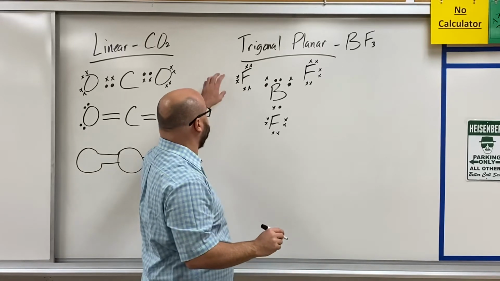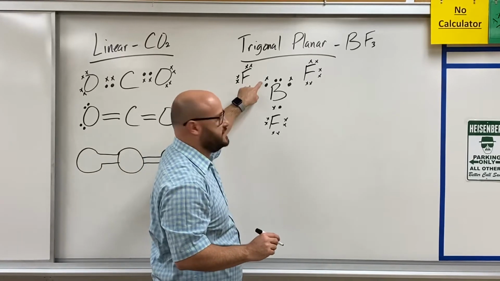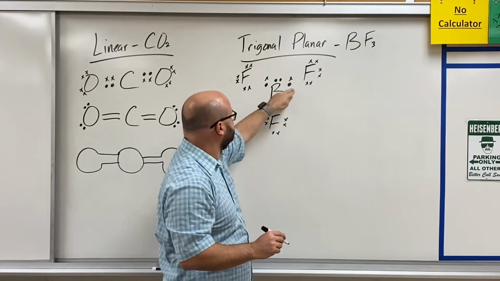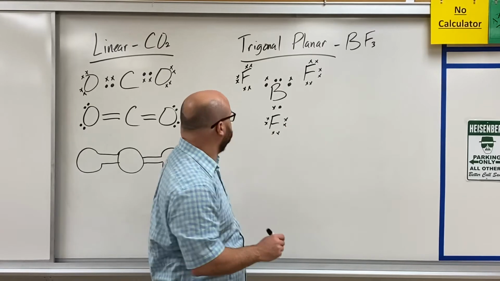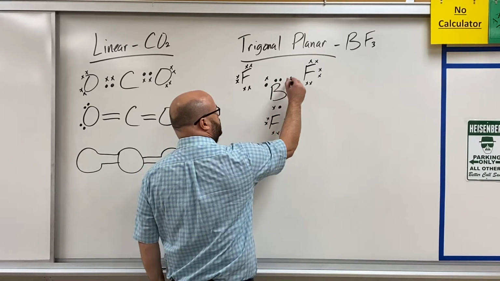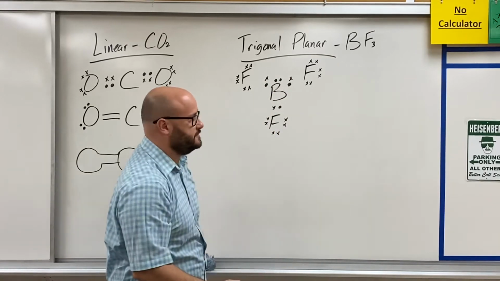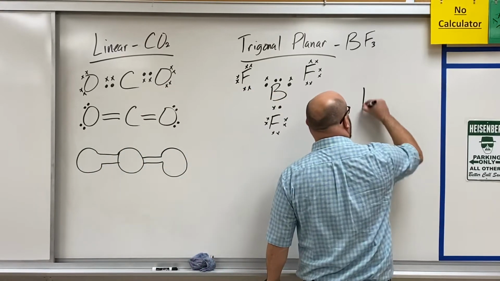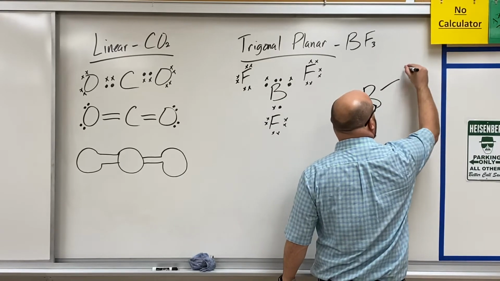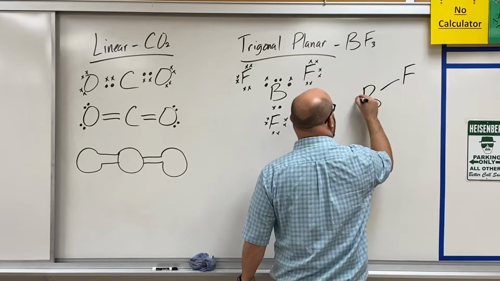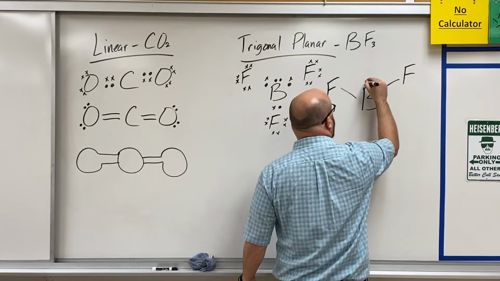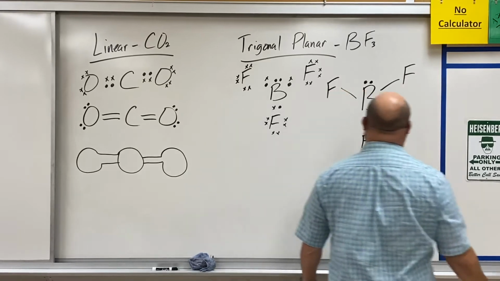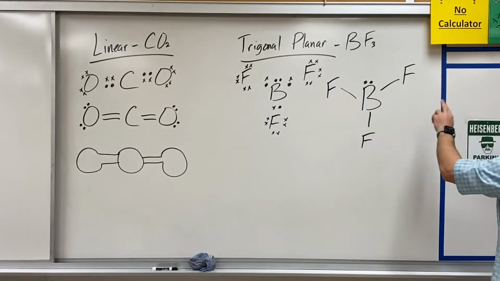So now if you count, you've got 6, 7 from fluorine, 7 fluorine, 7 fluorine. Each with that shared electron makes 8. And if you count boron, 2, 4, 6, 8, he's got 8 as well. Now, the easier way to represent this is like so. And that's where you can see the triangle shape come in.